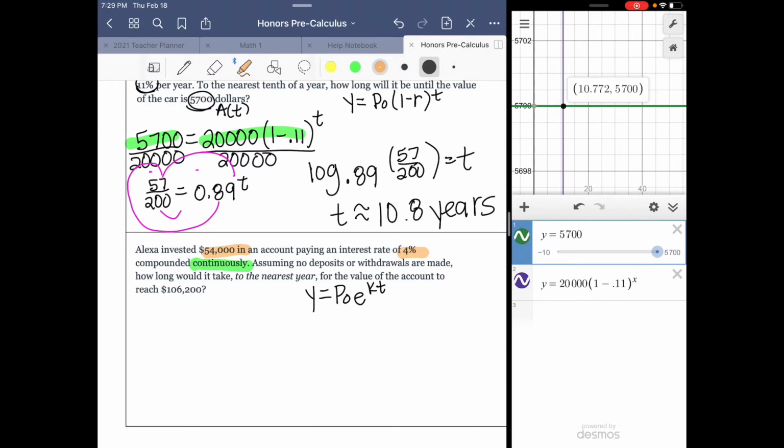It is growing, because they're investing, so this is a positive growth. We're solving for t. So I have 106,200 equals 54,000 e raised to 0.04 t. Since we're doing continuous, I would definitely use a natural logarithm here, but we're going to solve for e first.